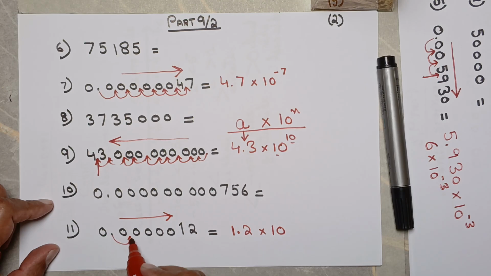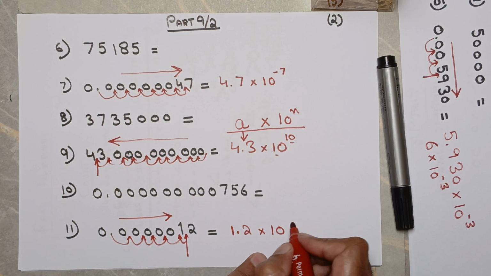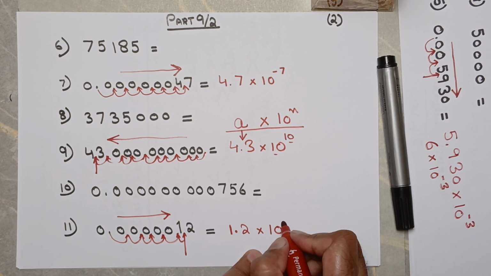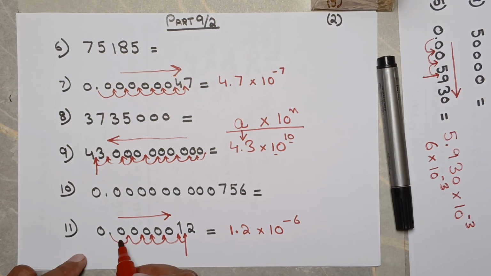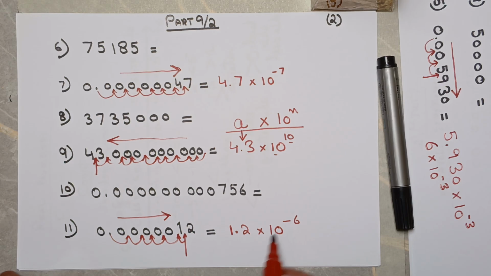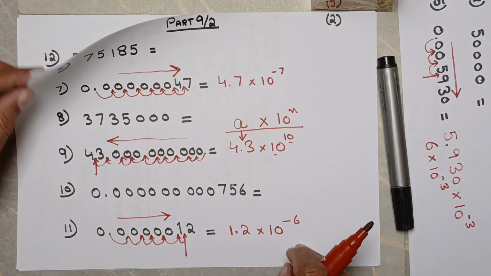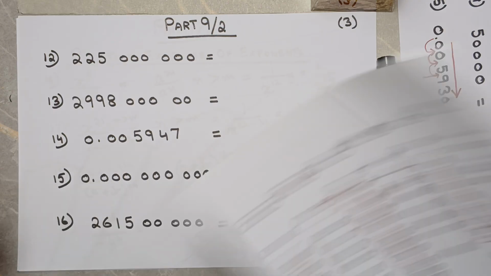So 1, 2, 3, 4, 5, and 6 is the last. So it means 1.2 multiplied by 10 raised to the power minus 6. I have moved my decimal towards the right by 6 places, and I have got a negative exponent. So this was question number 11.